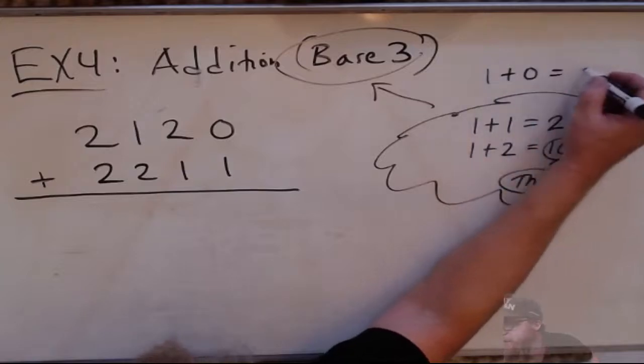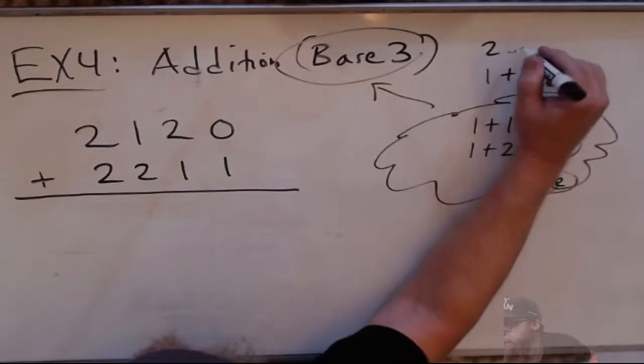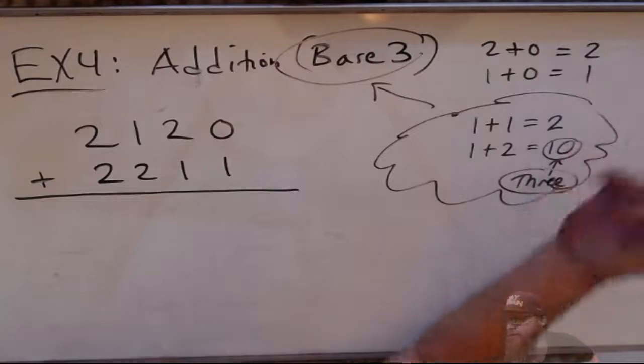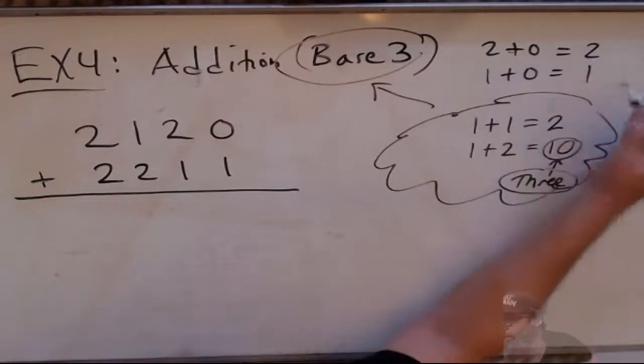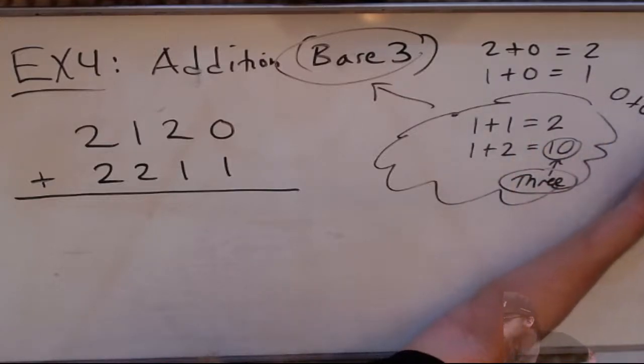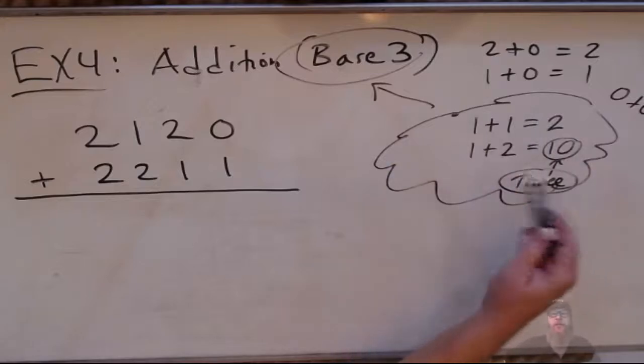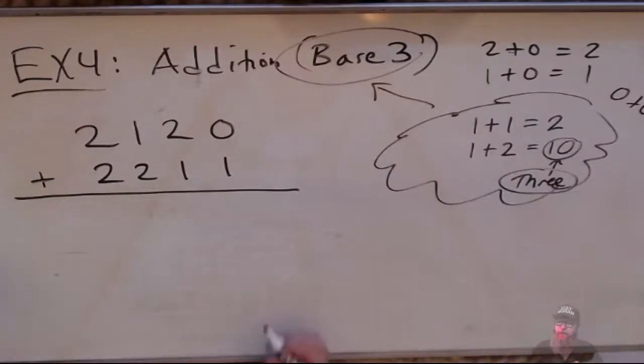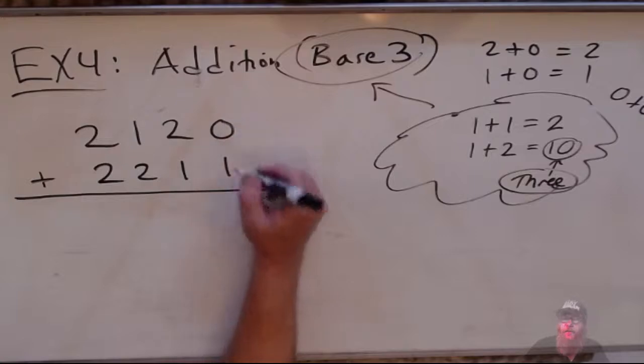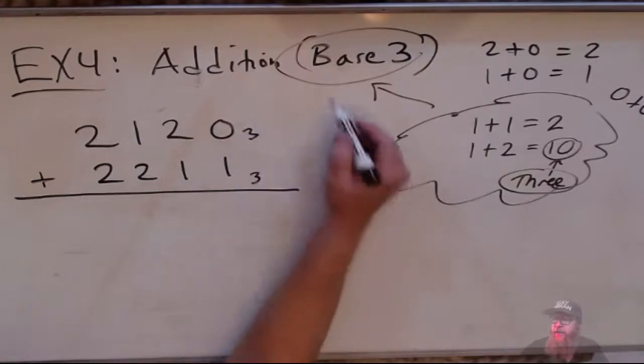1 plus 0 is 1. 2 plus 0 is 2, so on and so forth. 0 plus 0 is 0. None of the other rules change. Only these special base rules that we have to keep in mind here. So again, we're in base 3 here.